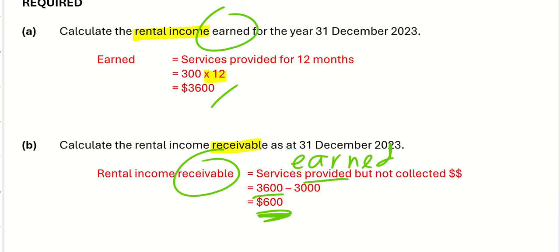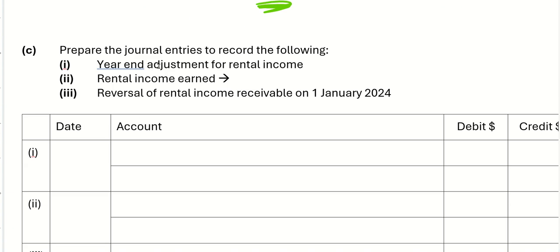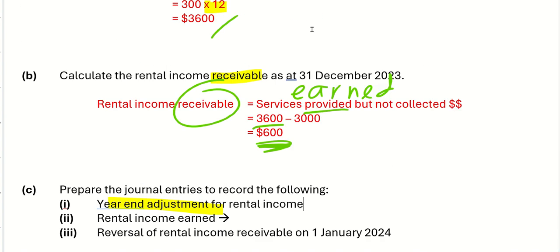Are you okay with this? What happens when I want to prepare the journal entry? Firstly, I want to record the year-end adjustment for rental income. So which value is it? So many numbers here.